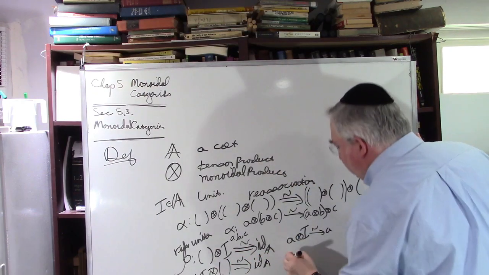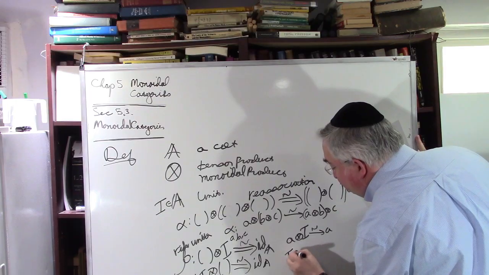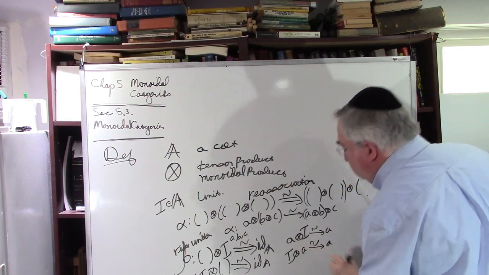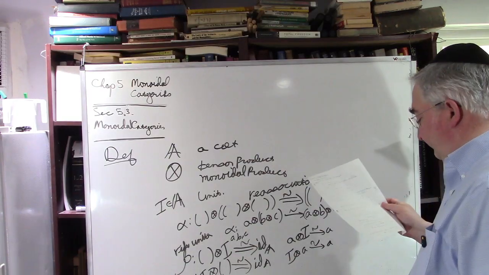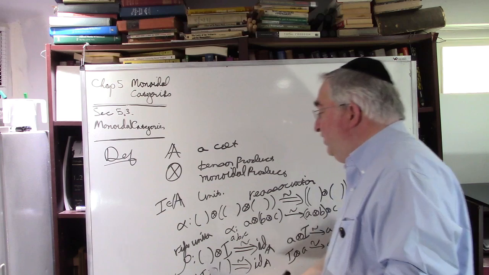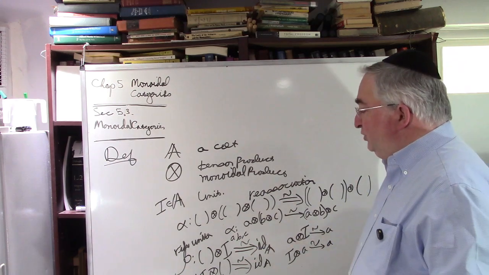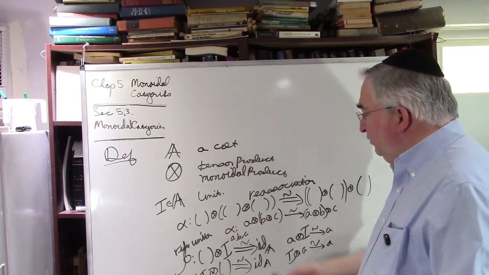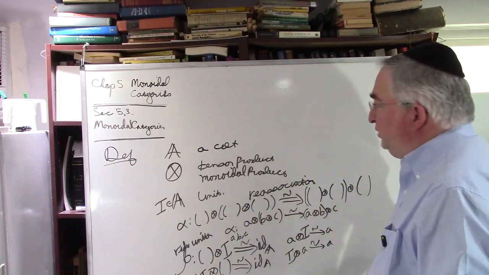This does the exact opposite thing: I tensor A goes to A. Great. So you have these three natural isomorphisms: left unitor, right unitor, and reassociator.